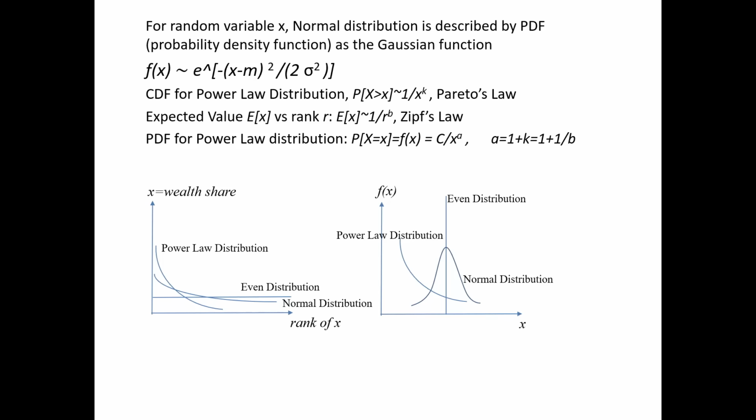So the power law probability density function is C over X to the power of A. A is related to the cumulative density function power K, as well as Zipf's law parameter B.